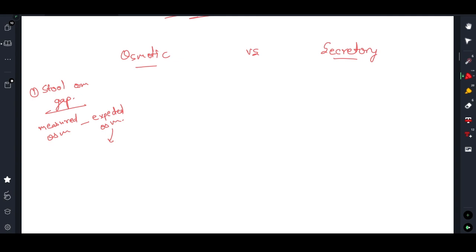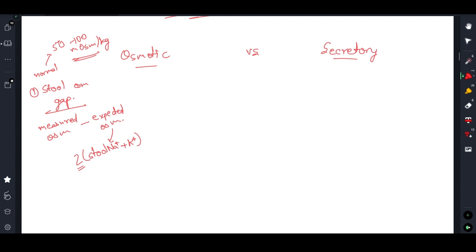The calculation for expected osmolality is done using this formula, wherein you add the stool sodium and potassium concentration and basically multiply it with 2. So this is your stool osmotic gap, right? Now, the normal value for stool osmotic gap is 50 to 100 milliosmol per kg, right? This is the normal value for stool osmotic gap.